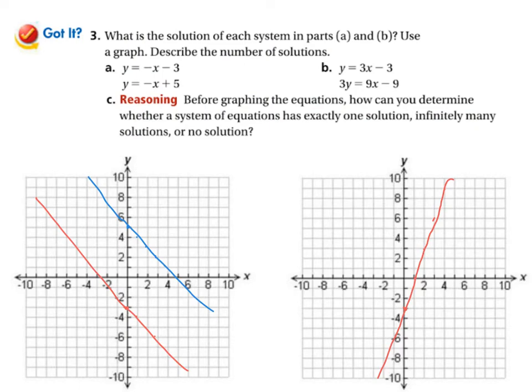And when I do that, what do I get as an answer? I get y equals 3x minus 3. That's the exact same equation as we had above. So we're graphing the same line twice, so that next line will also have the exact same graph, and so there's infinitely many solutions for this one.